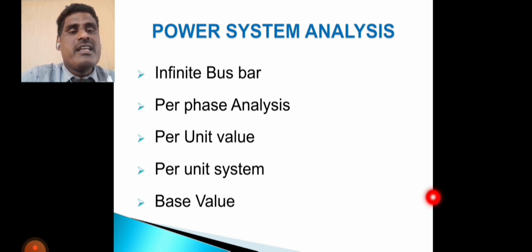If you give two different values, your base value changes. 11 kV is changed into 5 kV, and 20 MVA is changed into 10 MVA. If you give 5 kV and 10 MVA, what will happen in the power system network? In that case, the referenced value is called the base value.